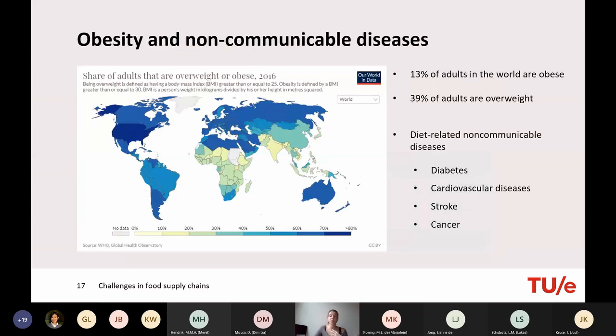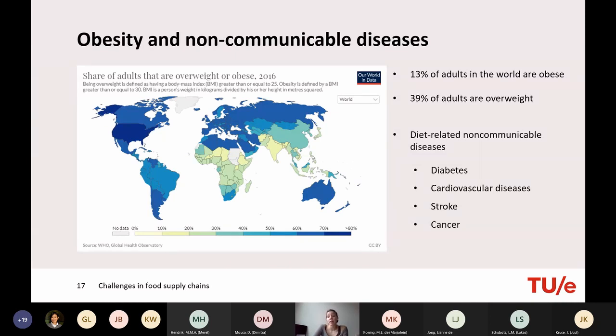One of the main issues with regards to malnutrition or non-communicable diseases, for example, is obesity and these non-communicable diseases that are related to our dietary input. We can see that, for example, 30% of the adults in the world are obese and 39% of adults are overweight.